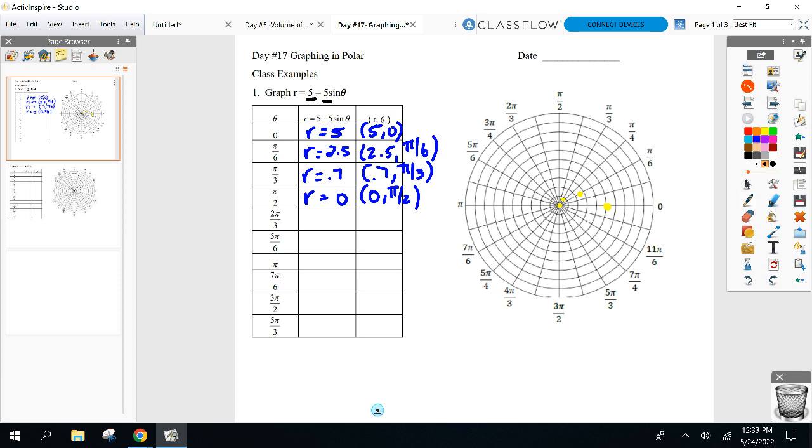2 pi over 3. Keep trucking. 0.7 again. Is that negative 0.7? No. So none of us should be going on the other side. We are right on 2 pi over 3.